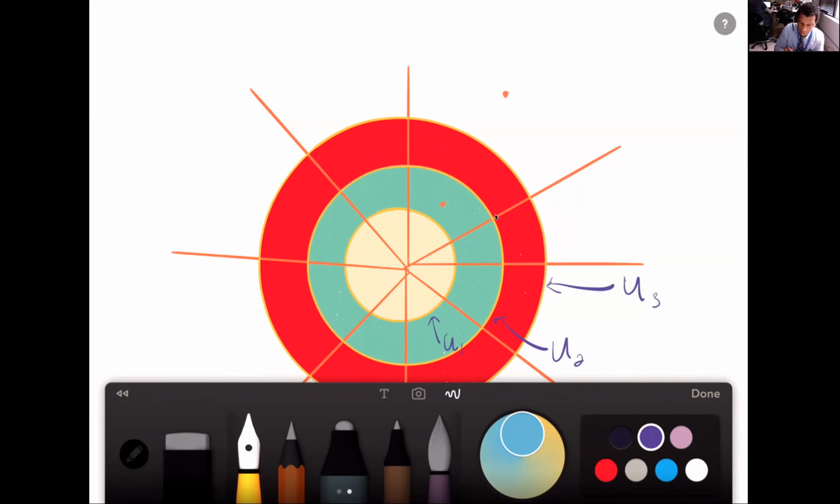So we can have this idea of potential difference. We have some U3 minus U2, or we could have U2 minus U3. There's a difference between these potentials.